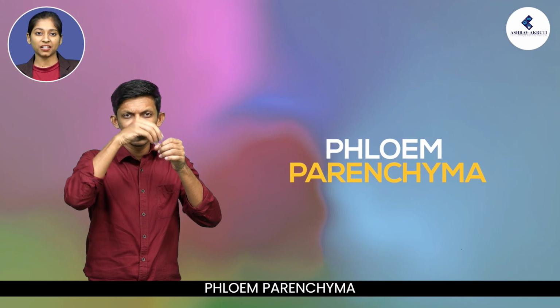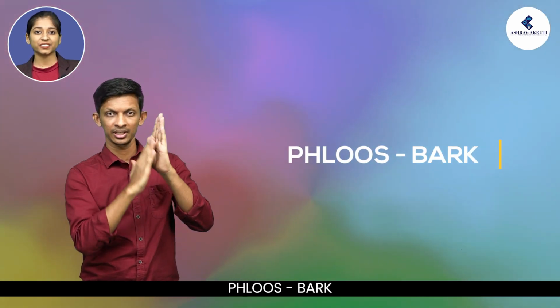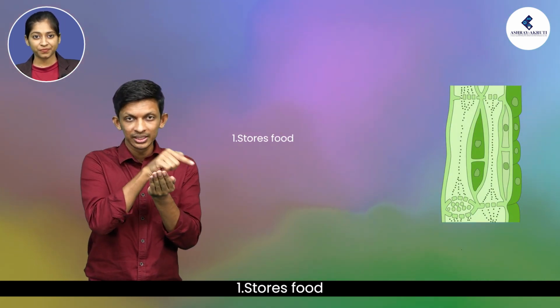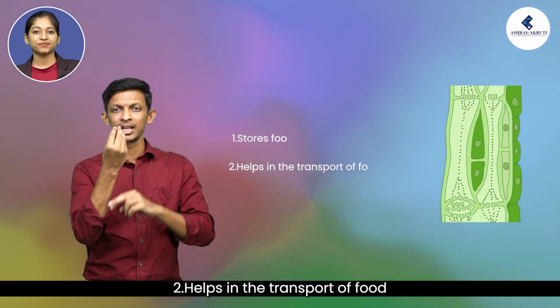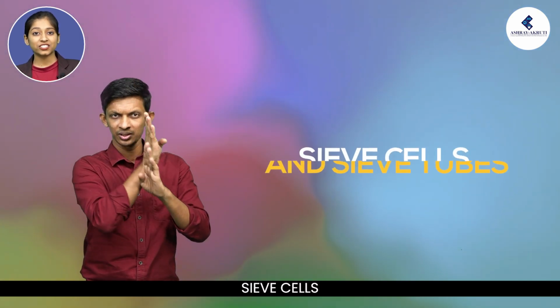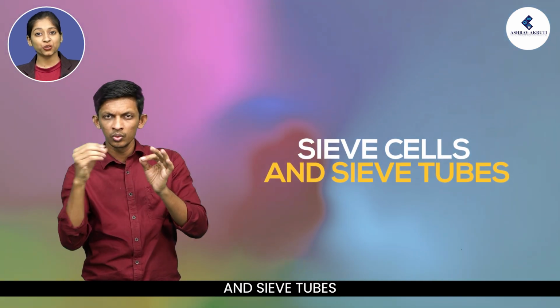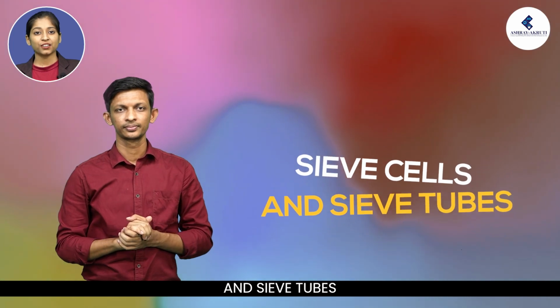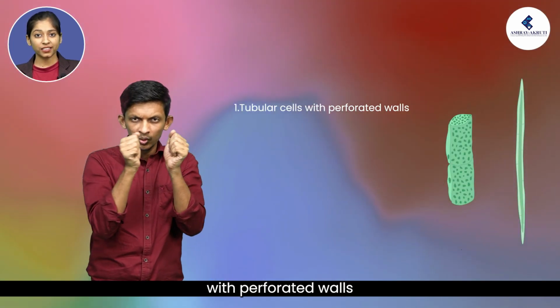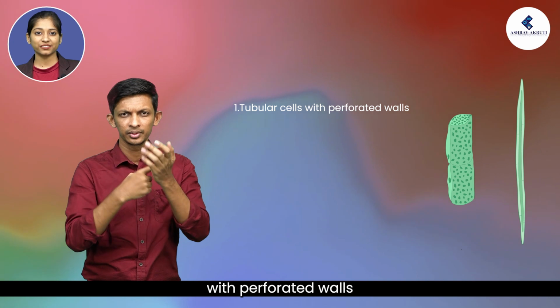Phloem parenchyma. Phloem means bark. Stores food. Helps in the transport of food. Sieve cells and sieve tubes. Tubular cells with perforated walls.